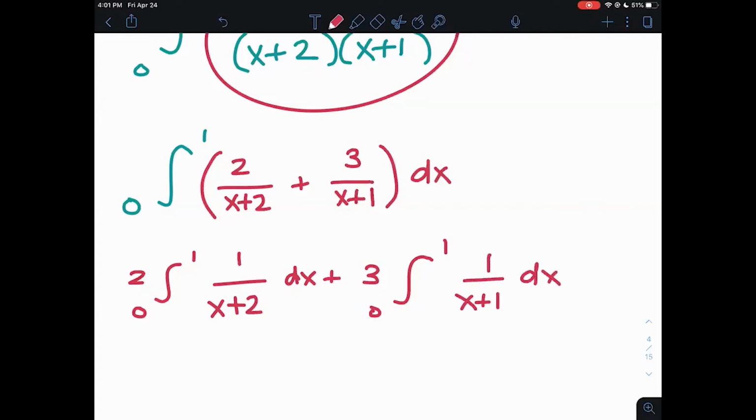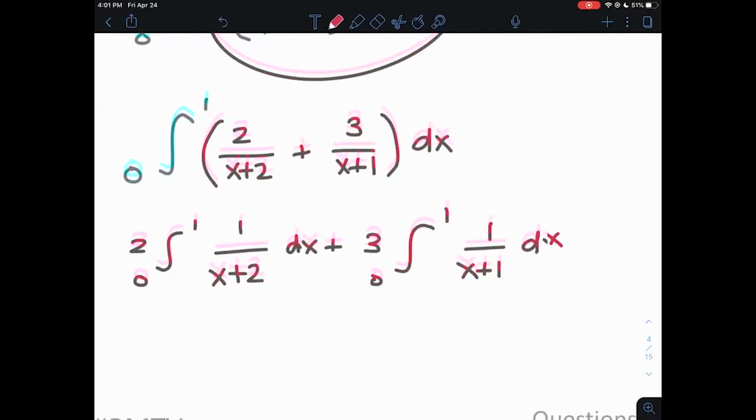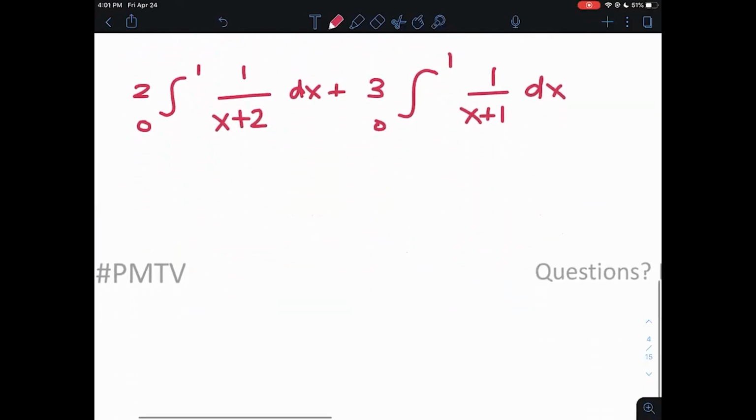And say that now we are here. And we have the ability to integrate something that looks like this really nicely, because if we think back to our function f of x equals the natural log of x, for instance, y equals the natural log of x, however you want to think about that, we know that the derivative of that function is 1 over x.